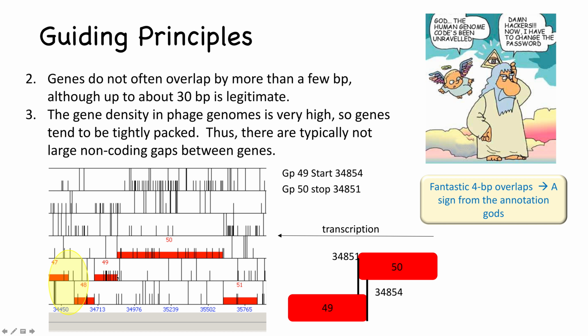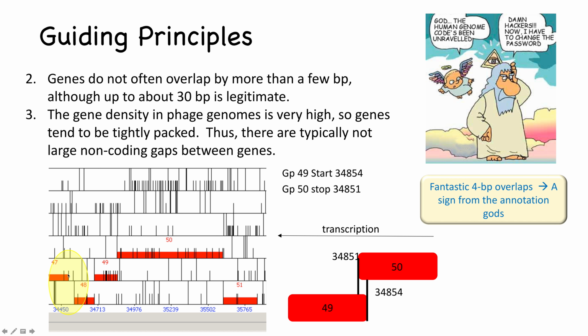Here's a situation where there's a gap between GP47 and 48, and you can see that the second start has been chosen for 47 rather than the first start. Here I would expect this gene to come all the way up to the stop codon of 48, so I would look very closely at this other start to see if the evidence would support this start over this one.